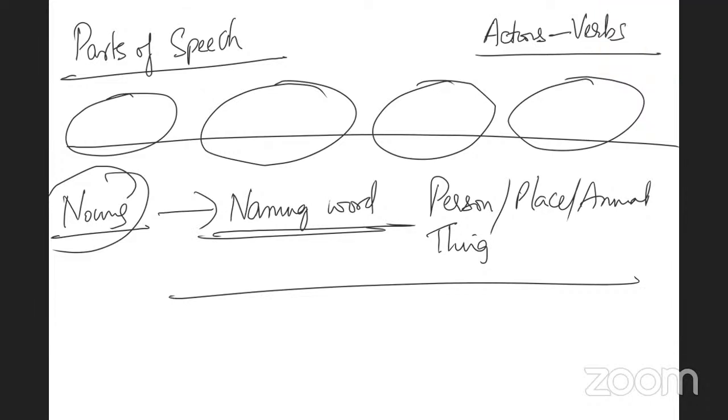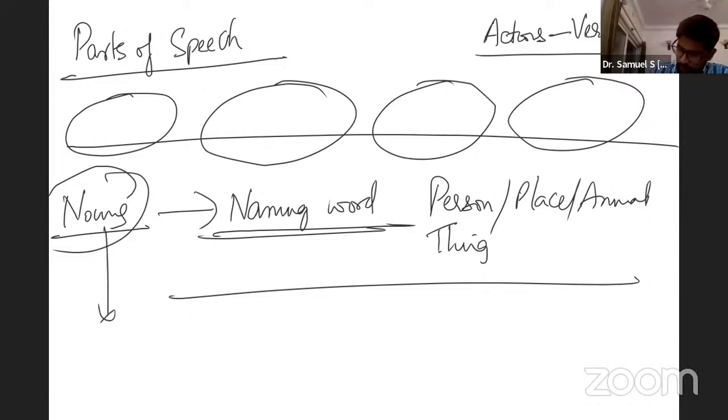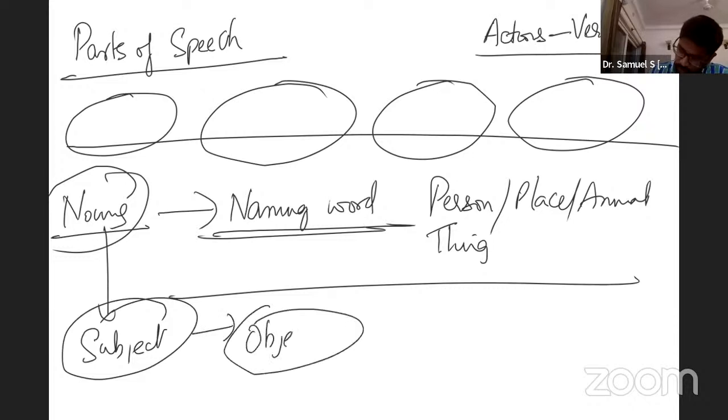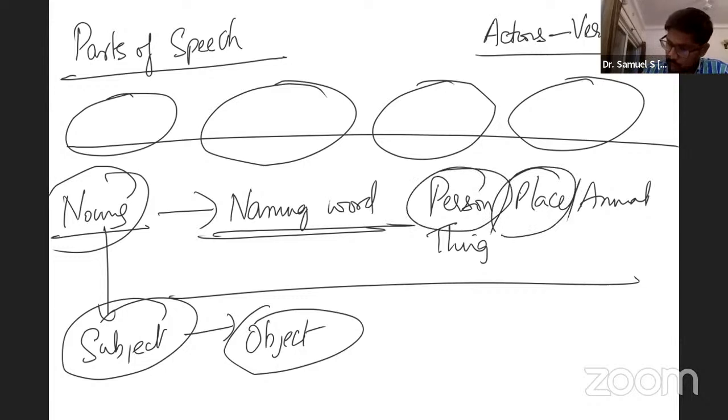It can play the role of subject. Yes, they could play the role of a subject. And we'll look at what this subject is. They could also play the role of an object, right? So a noun, very informally, is a word which captures the person or the place or some sort of a thing, right?